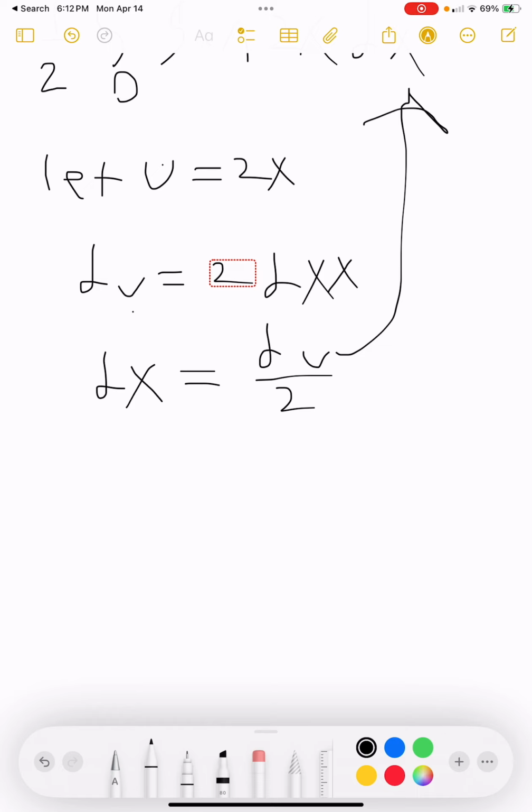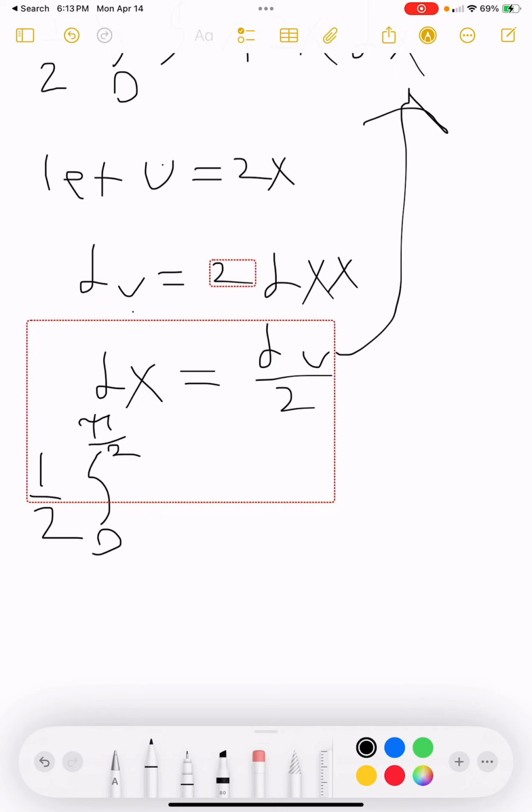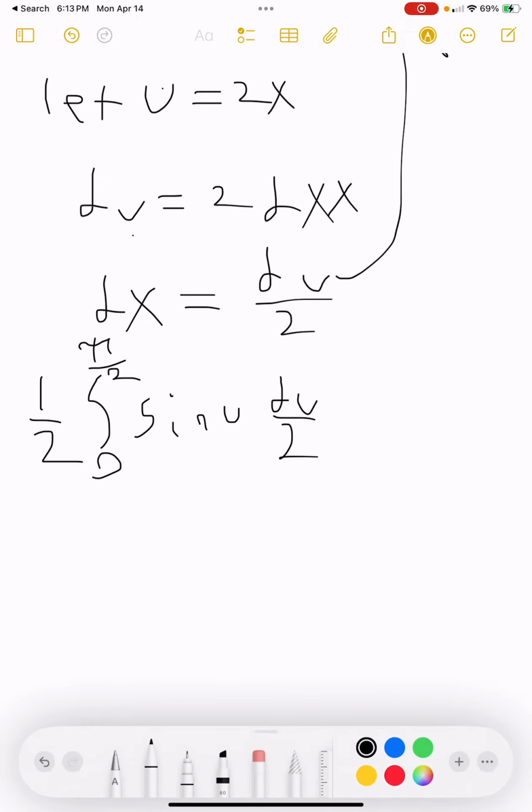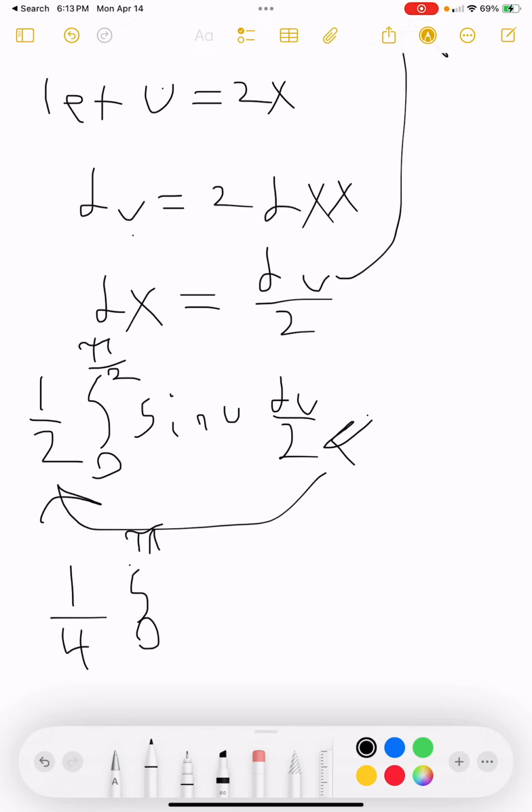So if we plug that in, we get 1/2 the integral from 0 to pi over 2 of sine u multiplied by du over 2. Now, there's a 1/2 in here. There's a 1/2 right here. So, I mean, that's constant, so we can just pull that out over here, giving us 1/4 times the integral from 0 to pi over 2 of sine u du.